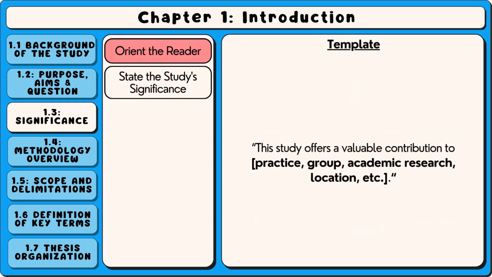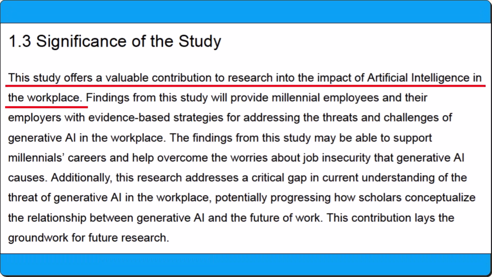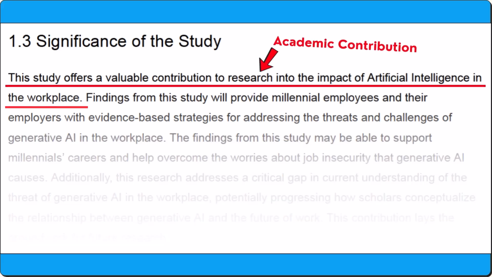And here's a template you could follow. This study offers a valuable contribution to, and then state the way it will make a contribution. In our example piece, it says, this study offers a valuable contribution to researching the impact on artificial intelligence in the workplace. So, the sample piece presents an academic contribution for its study.